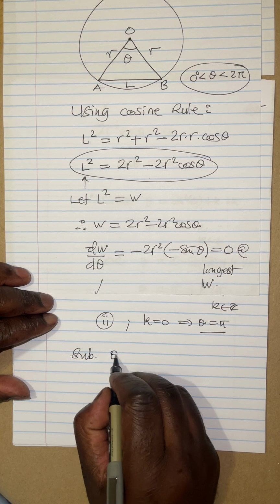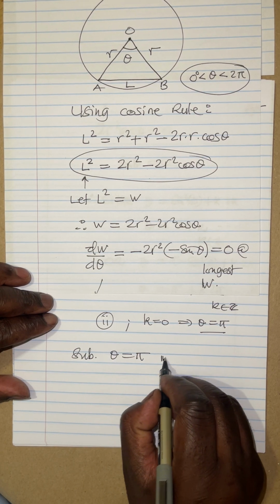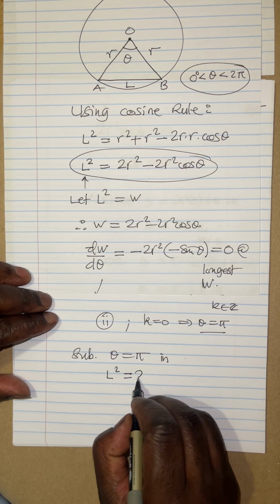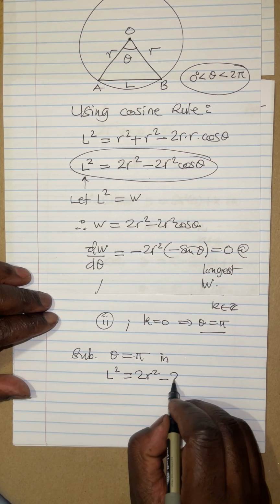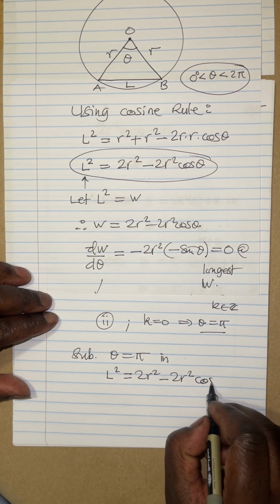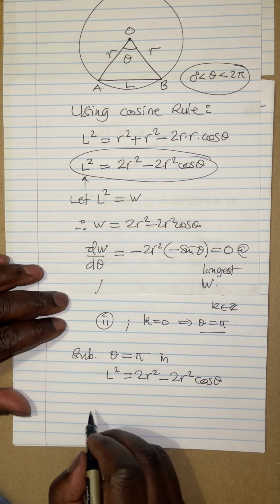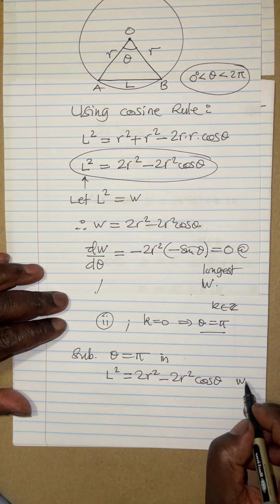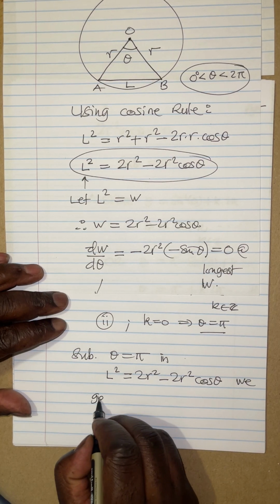So, substitute theta equals pi into our L squared, which is equal to 2r squared minus 2r squared cosine of theta. What do we get?